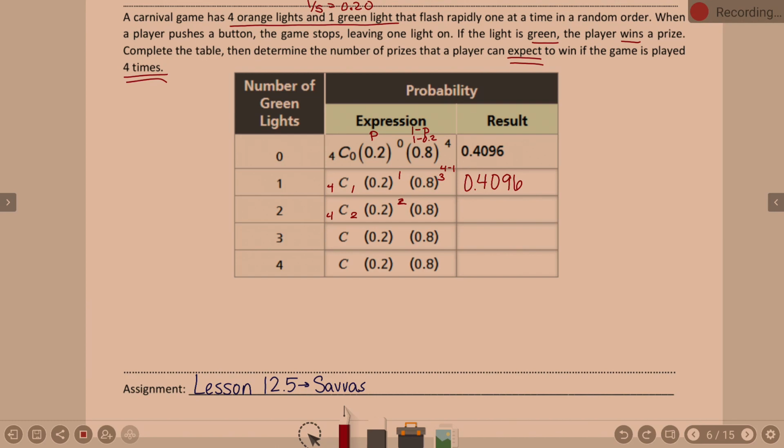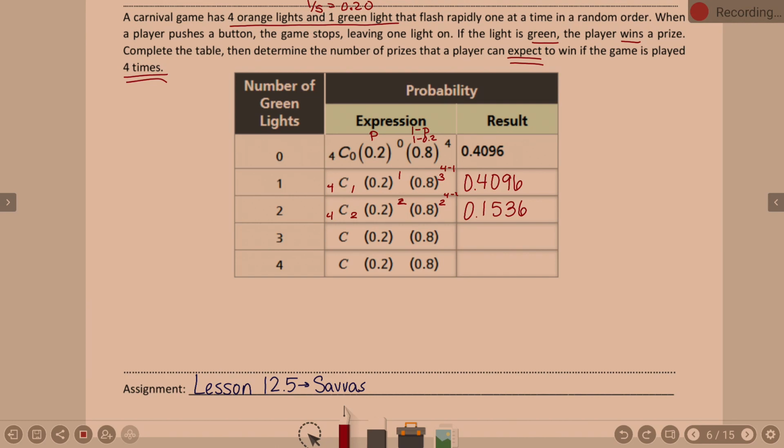Well, it'd be 4 minus 2, which is 2. So 4C2, 0.2 to the 2, 0.8 to the 2 is 0.1536. Okay, finish it up.